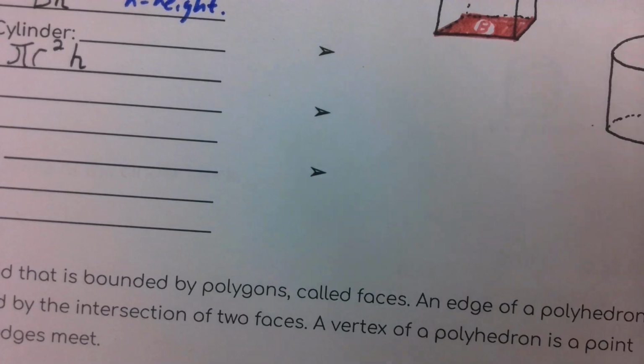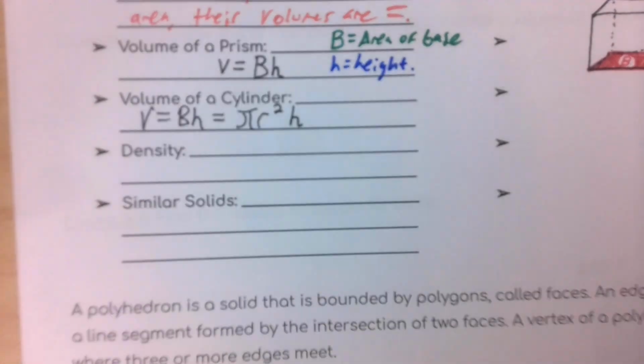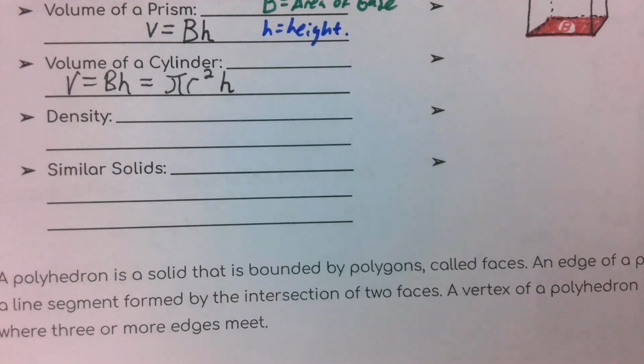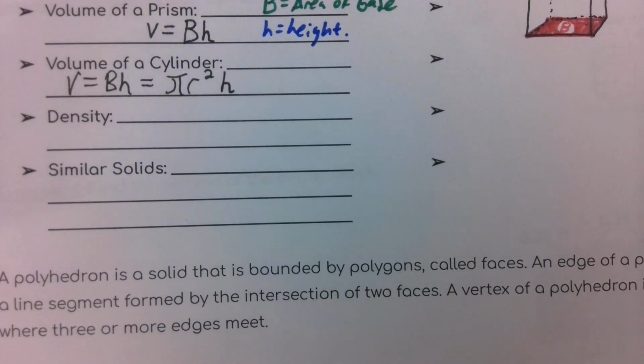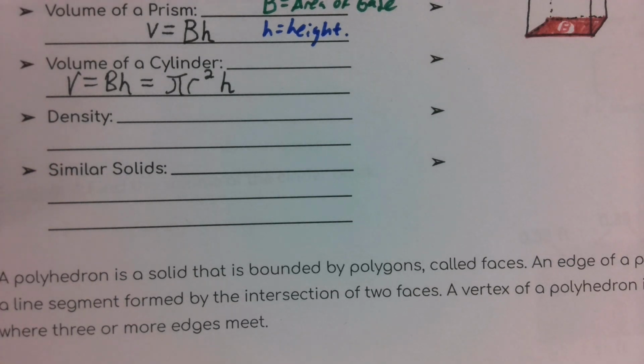Before we move on to the next page, I want to talk about two more quick things. We're dealing with the 3D world now, and with the 3D world, we start to deal a lot more in things that we can touch and actually interact with. One quality of things in our world is known as density, how dense something is.